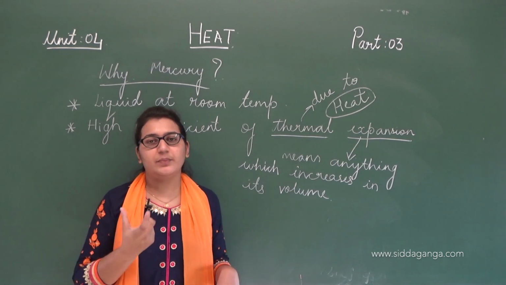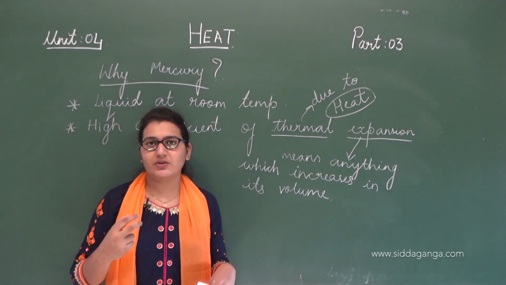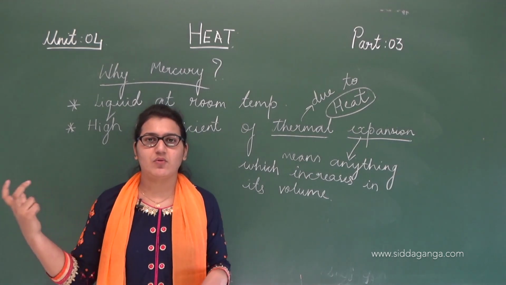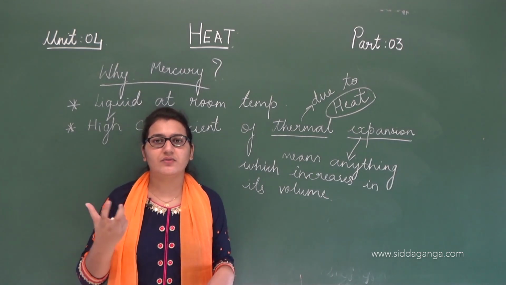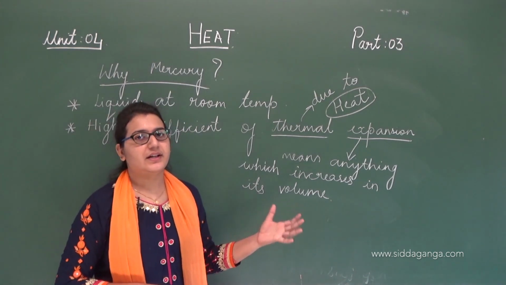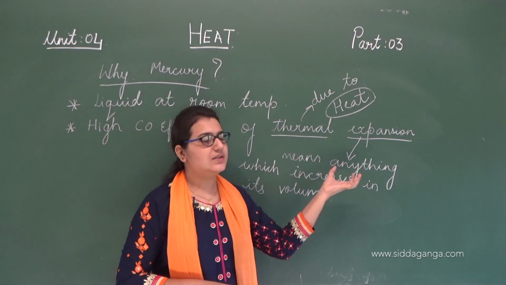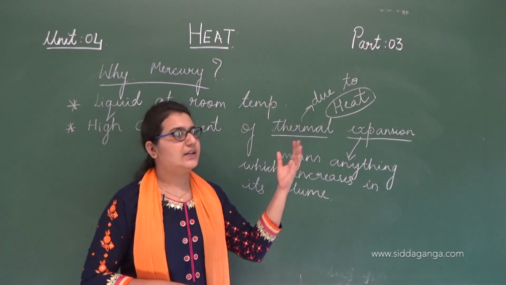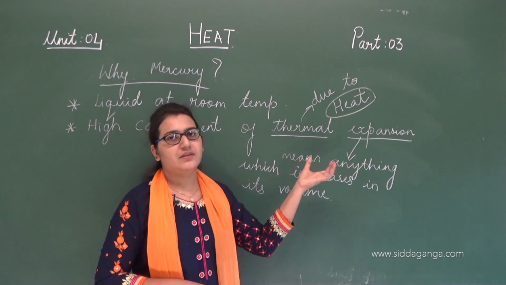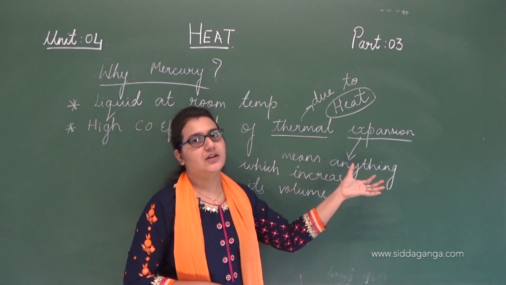It expands due to the presence of heat, due to the increase in body temperature, or the hotness of water. That is what thermal expansion means. Expansion means the level rising up, and thermal expansion is when it is due to the presence of heat.